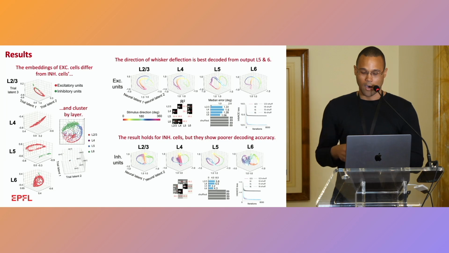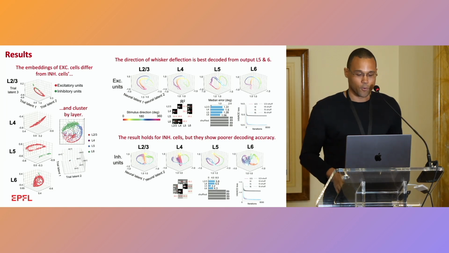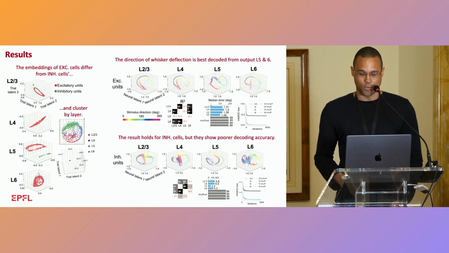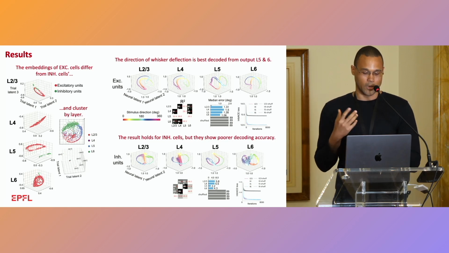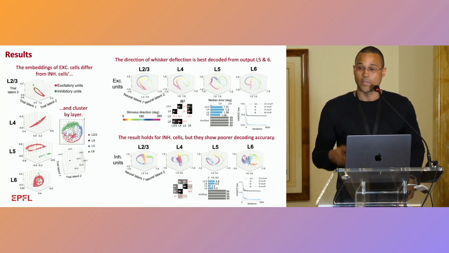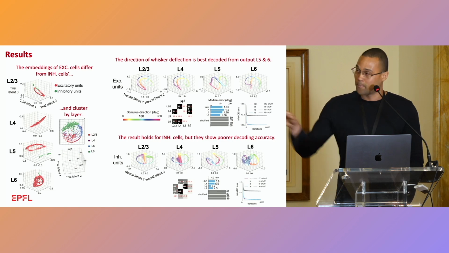And when we looked at how well we could decode the stimulus orientation from this embedding, we saw very good decoding for the output layers 2, 3, and layers 4, 5, and 6 compared to the input layer where it was worse.